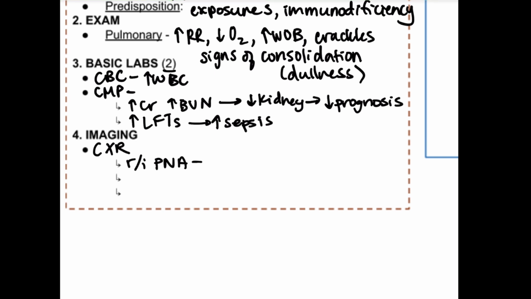We want to think about stuff that helps us diagnose things other than pneumonia. And complications of pneumonia. For ruling in pneumonia, things we're looking for are opacities that make us think that there is infiltrates.